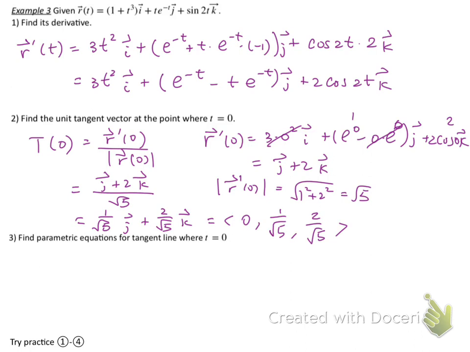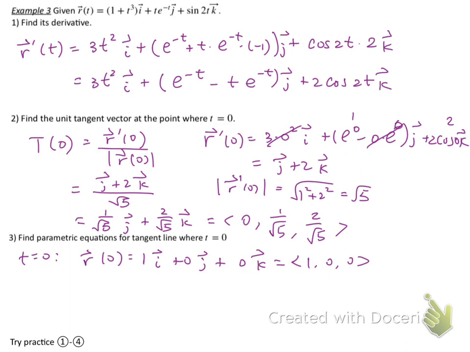The last part of this question is to find the parametric equations for the tangent line where t equals 0. To find the line, we need a point and a direction. For the point, when t equals 0, we go back to r. R of 0 is 1i plus 0j plus 0k, so again it's 1, 0, 0. That's the base point.